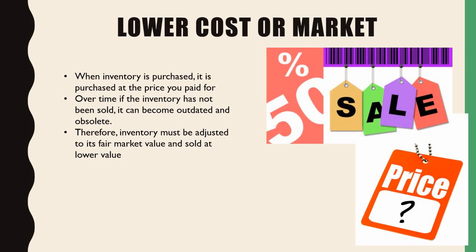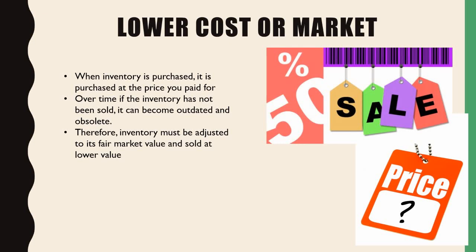When we purchase our inventory, as time passes by and that inventory doesn't get sold, eventually those items become either outdated or obsolete, and they end up losing value over time. A good example would be something like electronics.